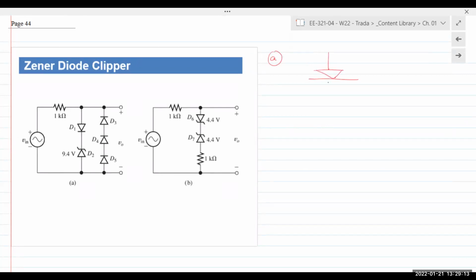We got this diode, and we have a 9.4 volt Zener. Right? 9.4 volt Zener. So what happens? In the positive half cycle, this requires 0.7 volts to turn on.